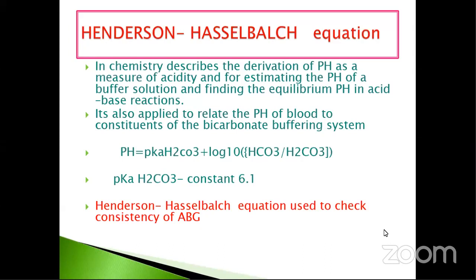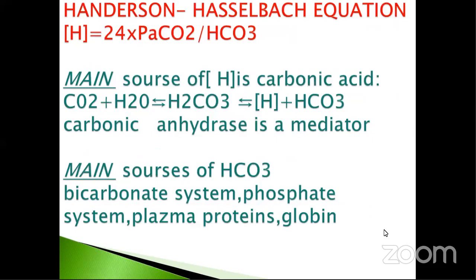One of the famous equations in ABG is the Henderson-Hasselbalch equation. Of course, this long equation, which you can see on your screen, we cannot utilize in our daily practice. So, the following equation, which is on the top of this slide, we can use to know the consistency of the ABG.